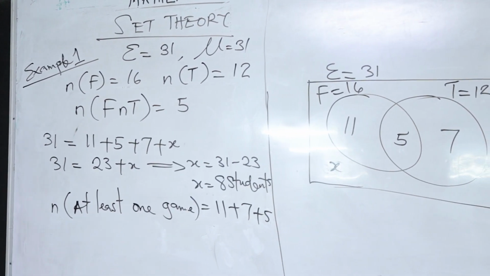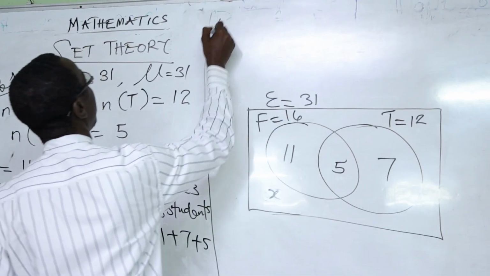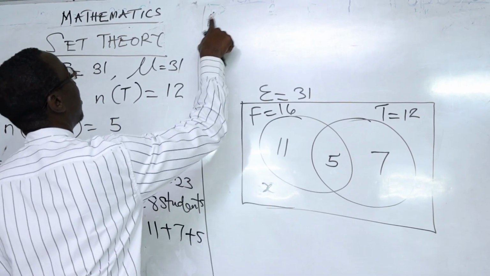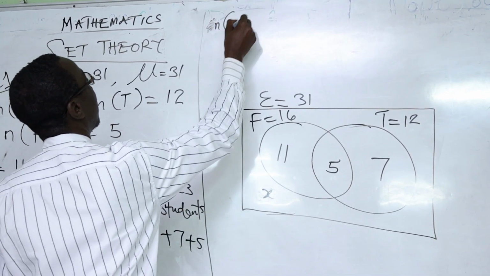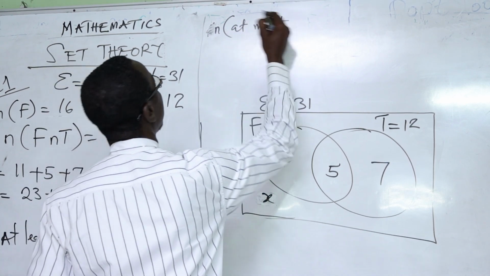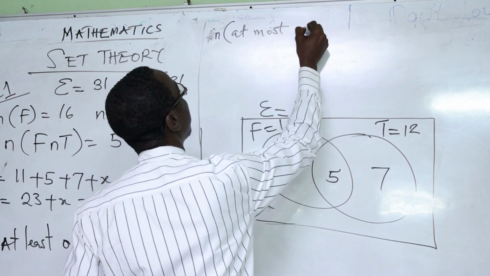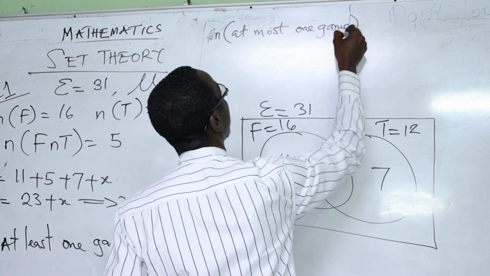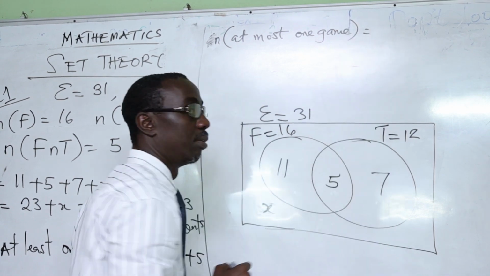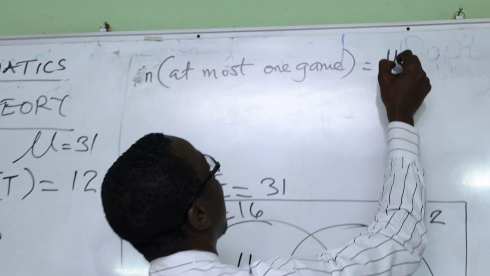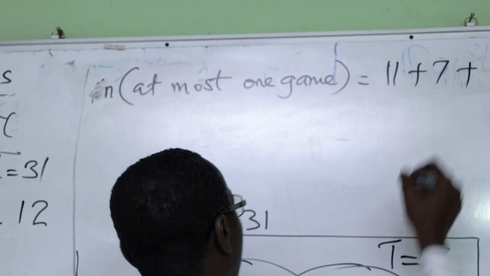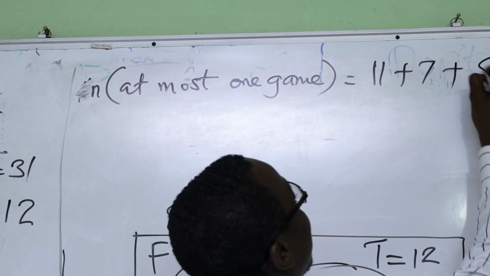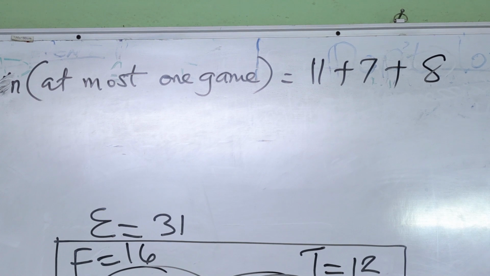So for at most, even though it's not part of the question, but it can come your way, at most one game will be 11 plus 7 plus what? 8 is those people that did not play at all.